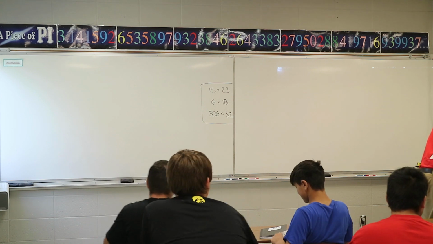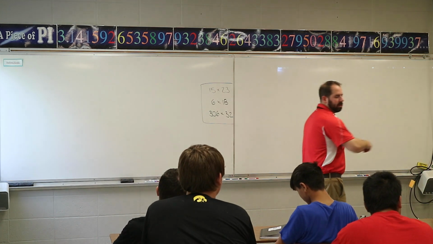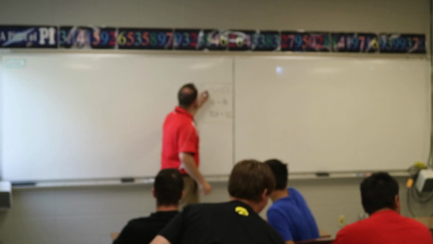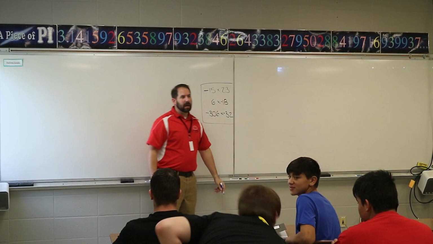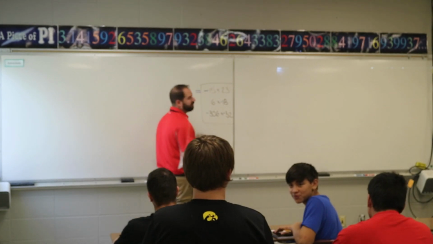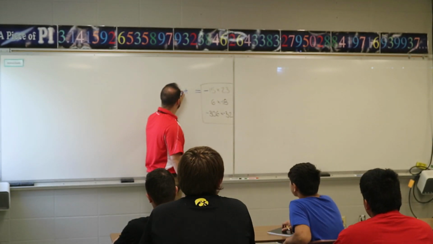Okay, hey, did I get everyone's piece of paper? All right, now, here's the thing. With multiplying, here's the thing I want you to know. It doesn't matter how many negative signs you have. I don't care what the negative numbers are. If you have one negative number when you multiply, the answer will be negative, no matter what your number is.